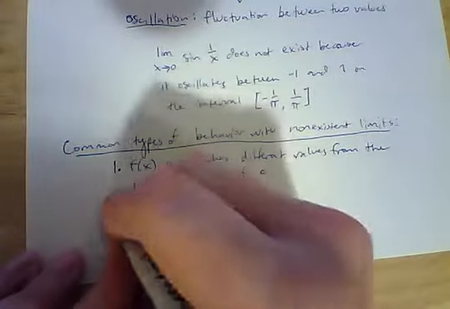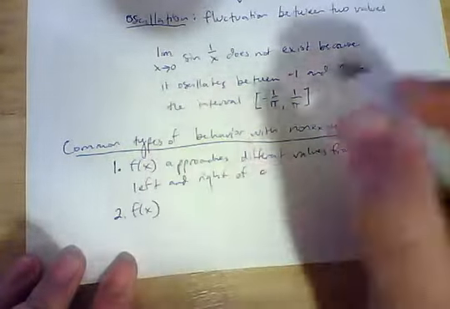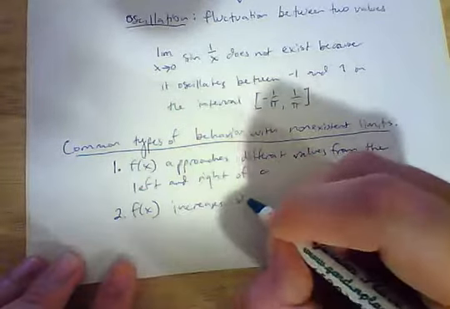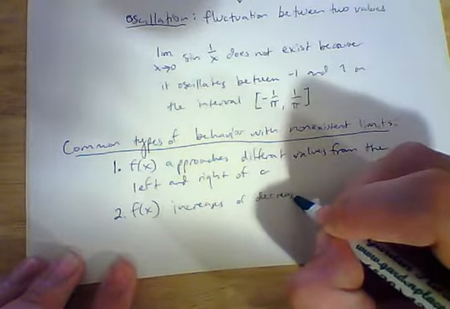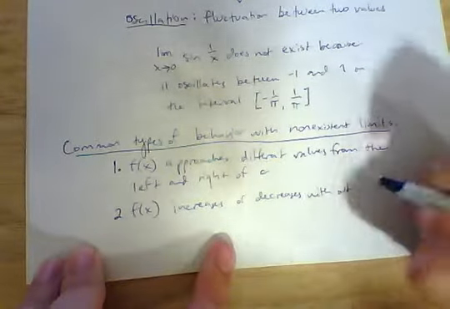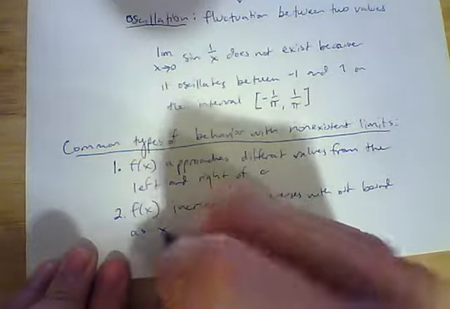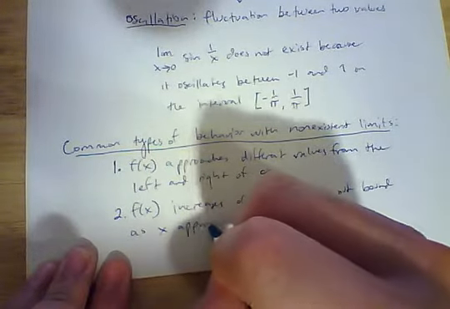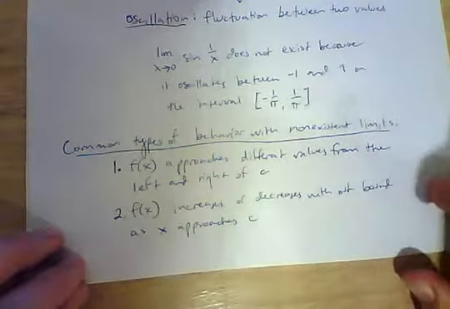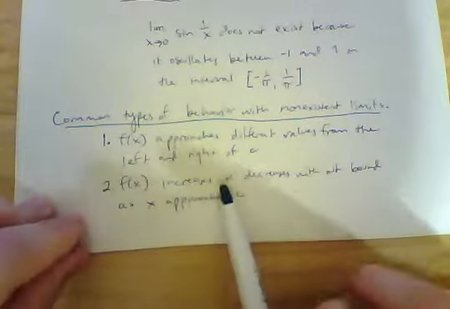And the next situation is that f of x increases or decreases without bound as x approaches C. And again, visually we can think about asymptotes, right?